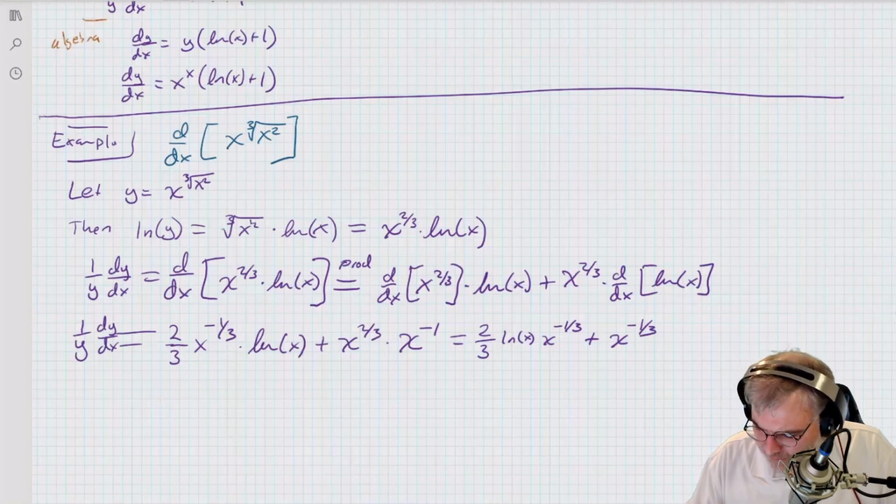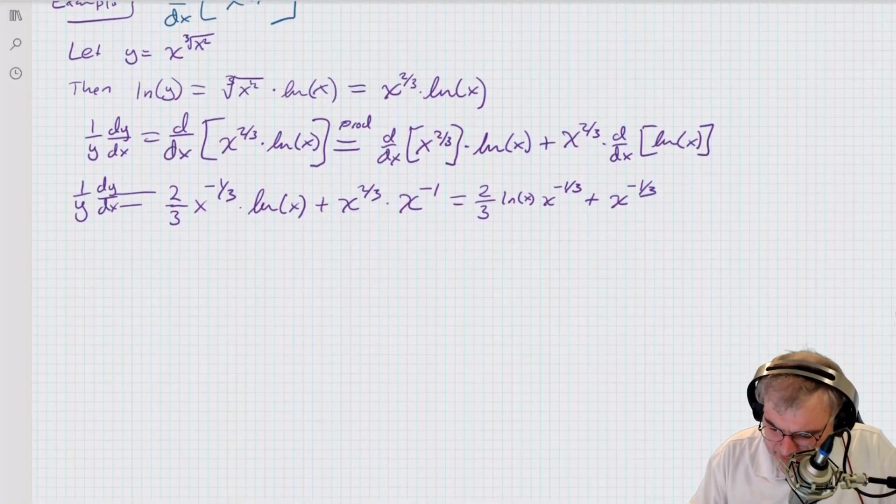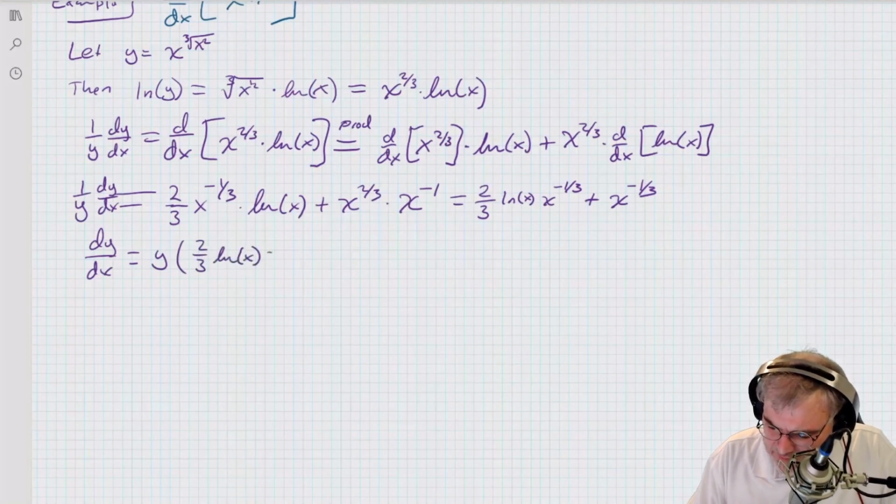Okay. And now I'm going to deal with the y. So now I get dy over dx equals y times the quantity 2/3 ln of x times x to the negative 1 over 3 plus x to the negative 1 over 3.